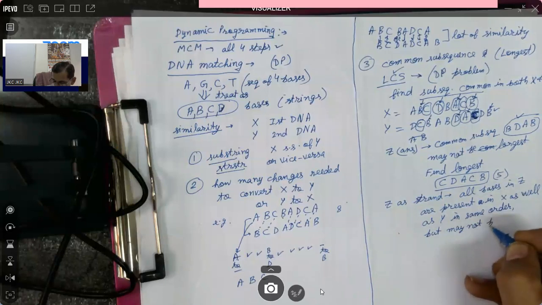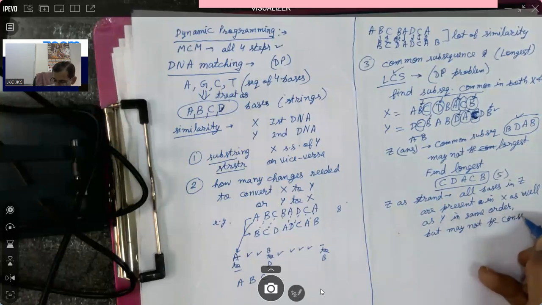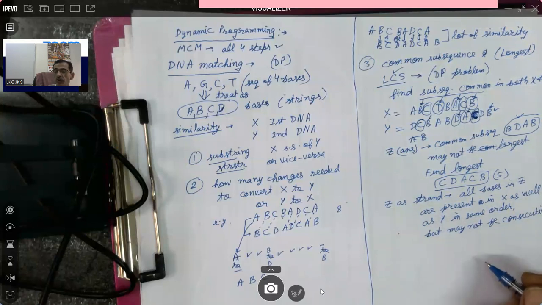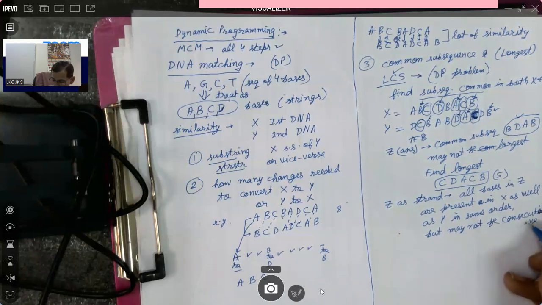As you could say, consecutive would mean they have to be exactly in sequence in the data, but now I don't have those in consecutive order. This is going out of screen, so I'm just writing it may not be consecutive.